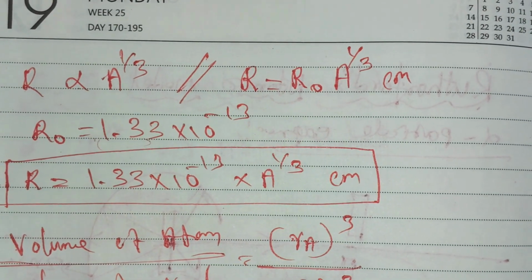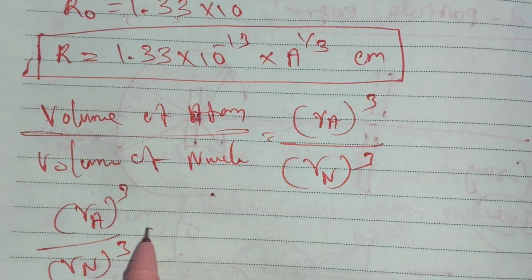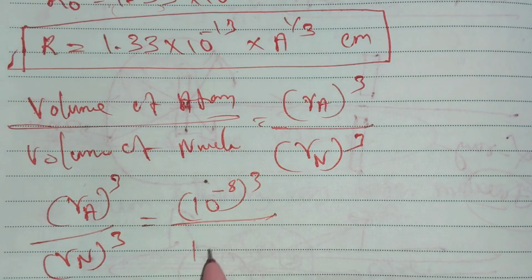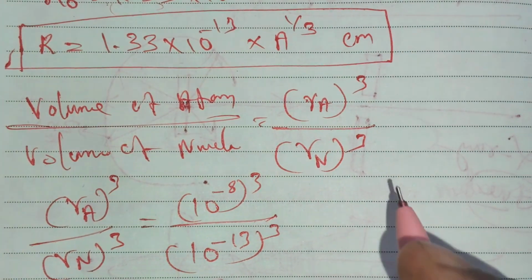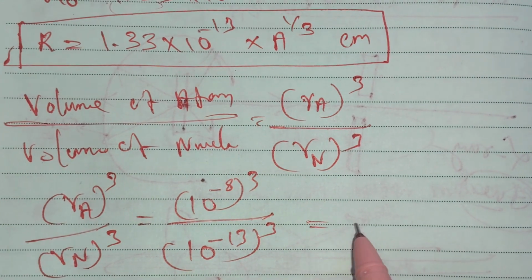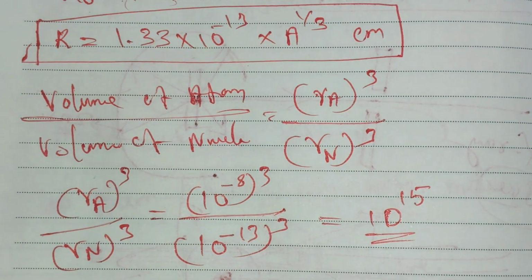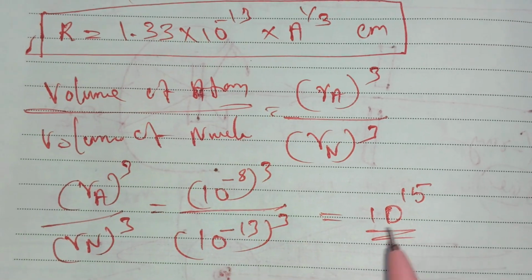Ra cube divided by Rn cube is equal to 10 to the power of minus 8 cubed divided by 10 to the power of minus 13 cubed. Solving this, we get 10 to the power of 15. So the ratio between atomic volume and nucleus volume is 10 to the power of 15.